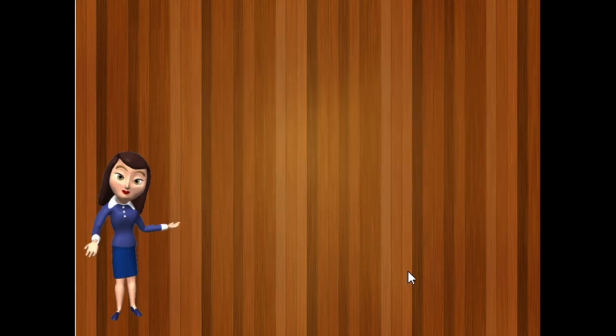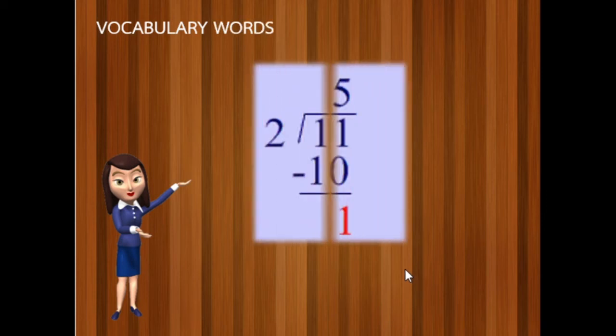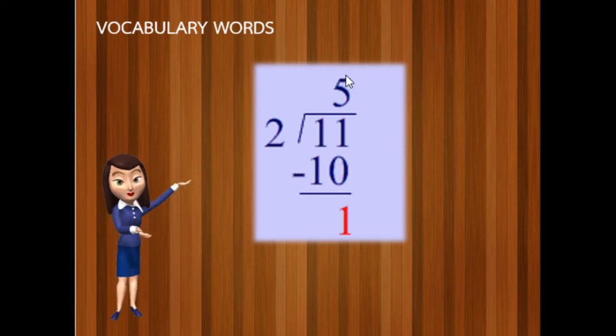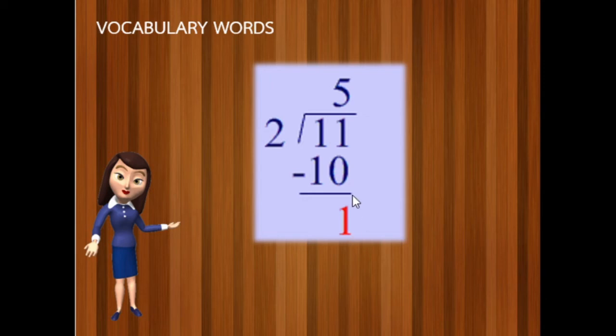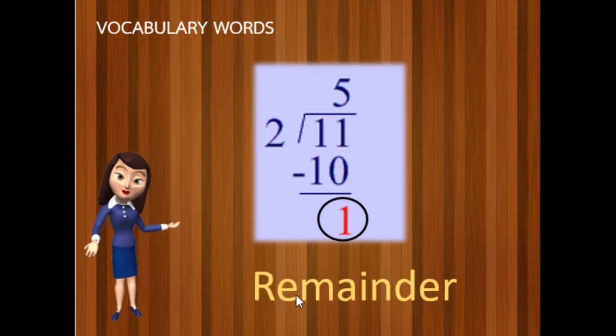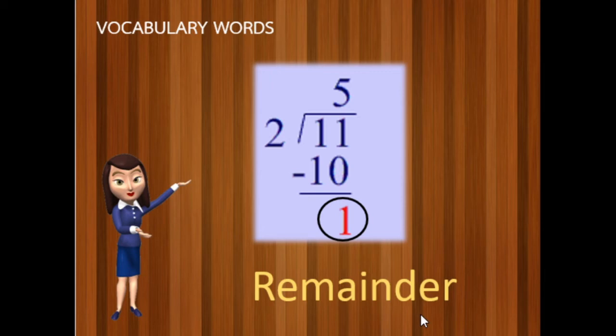And I also have another additional word here. If you can see this one, it's a long division form, which I will talk about later. But the word that I would like to emphasize is number 1. Number 1 is called the remainder.